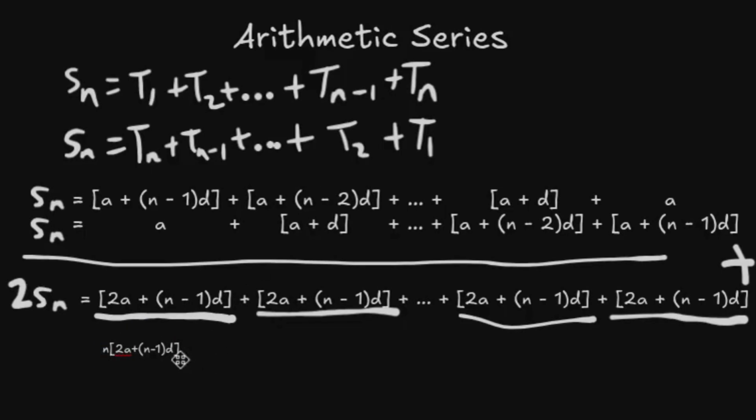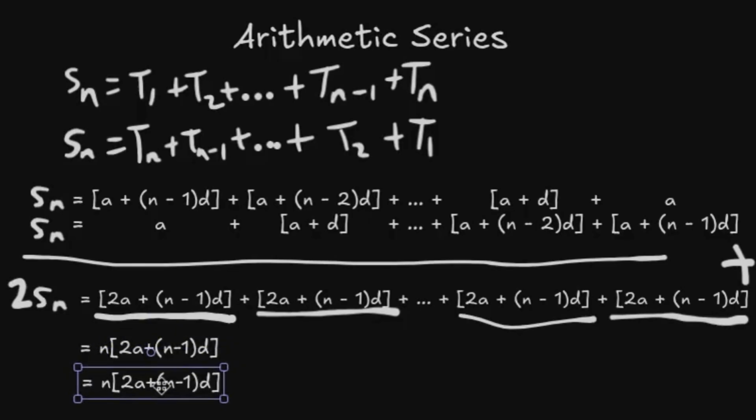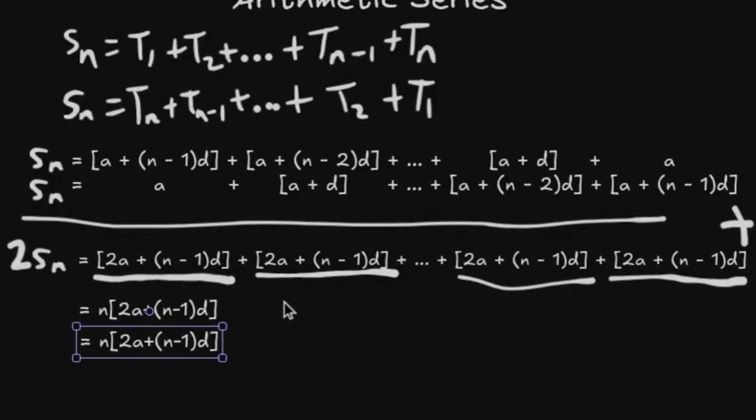Now, if we divide both sides by 2, then we'll get the summation formula: n times 2a plus n minus 1 times d, divided by 2, equals Sn.